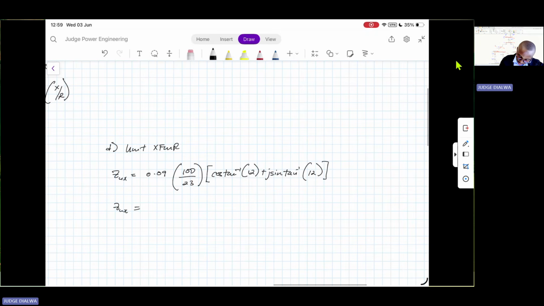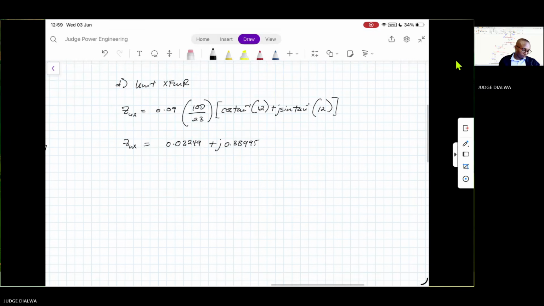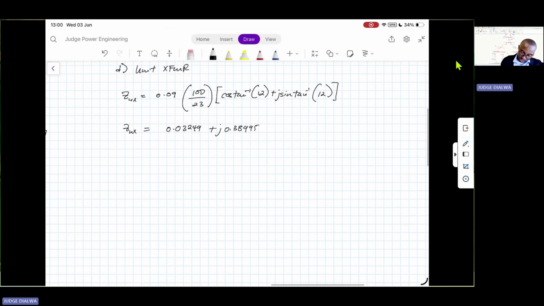With that in our calculator, you should get 0.03249 plus j 0.38995. Okay, so that's our unit transformer.